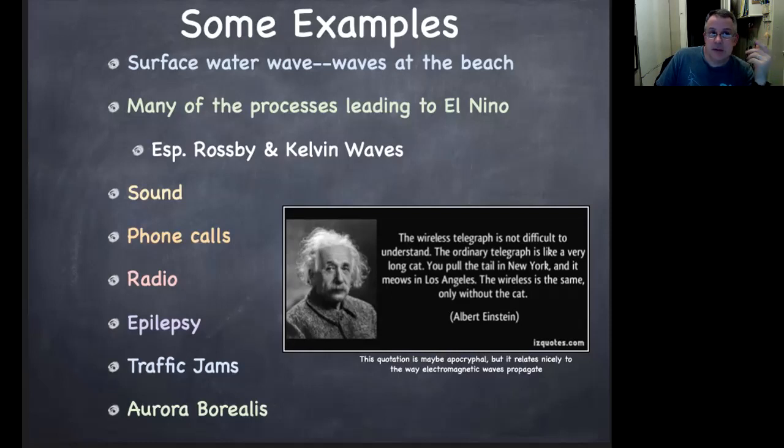Epilepsy is a wave. It's a wave within your brain waves. An epileptic seizure is a particular kind of wave-like pattern within the brain. Traffic jams are actually a wave. We can talk more about that when we have a better handle on phase speed and group velocity, but traffic jams actually have the tendency to propagate upstream, against the direction of flow of traffic, which is a very confusing thing.